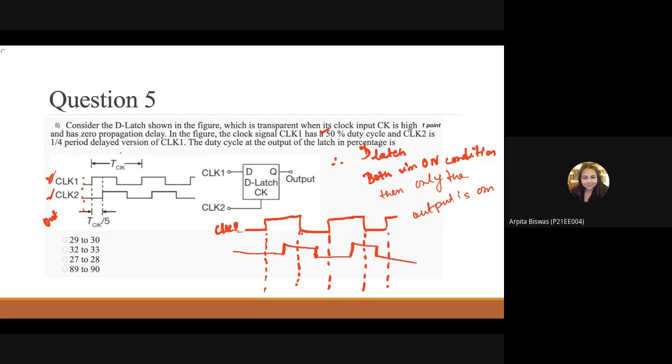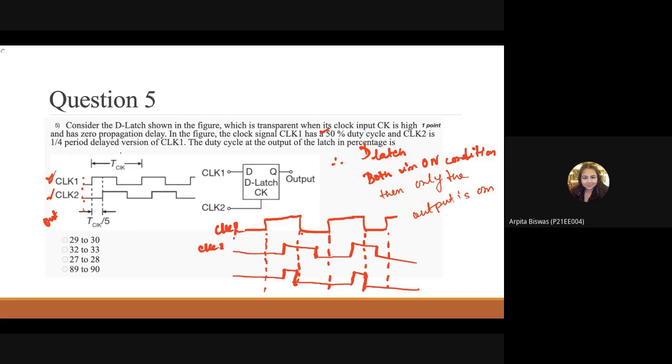So maybe they are considering from this portion. But now tell me, for the output, how the pulses look. When both are in one condition, then only it will be one. So up to this it is zero, and only that portion is one, right? Yes, ma'am. After that, again zero. Then from here it is coming one, and this portion is zero.